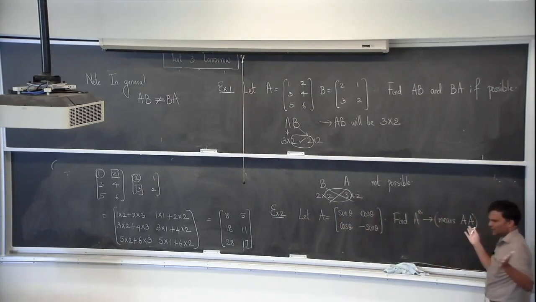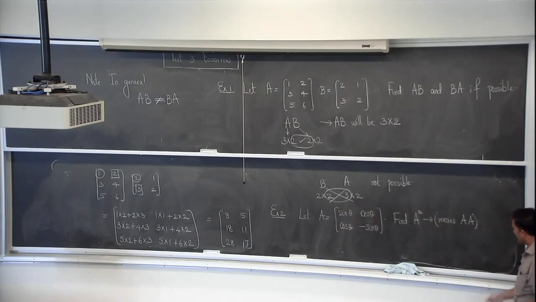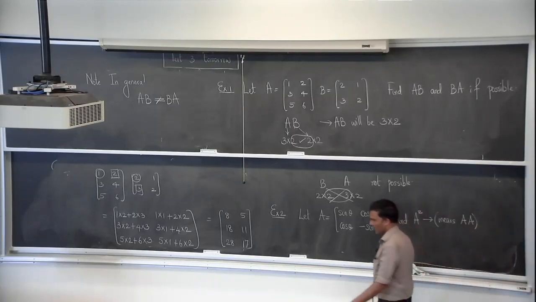It's a 2 by 2 matrix, so there should be no surprises here. Can you try to do that? So just write it side by side and see what you will get if you multiply together.